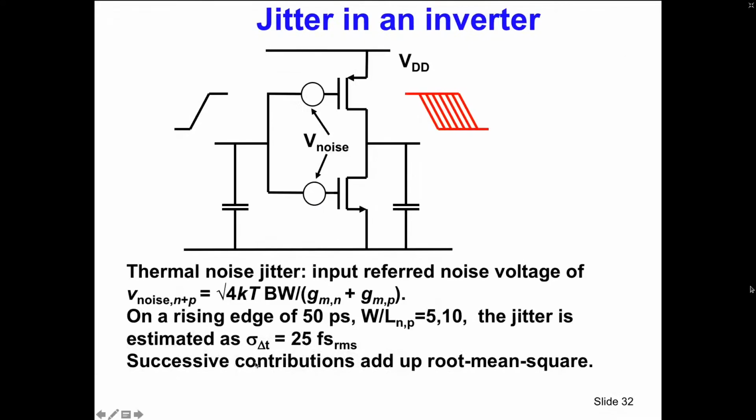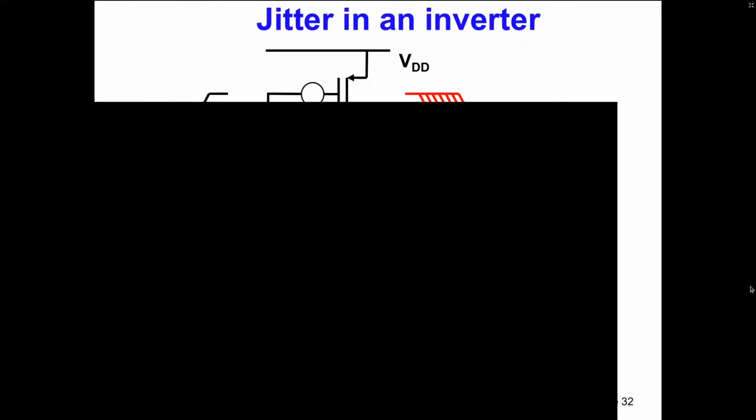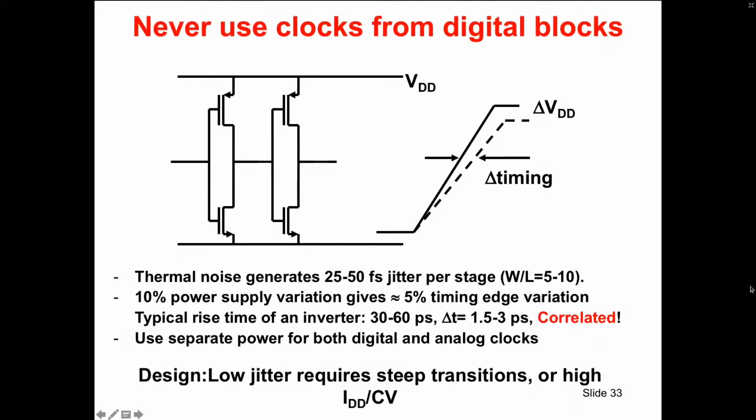If I look at the practical design, this is a simple inverter from a library, and if you do the simulations, you end up with something like 25 femtosecond RMS, and obviously that's not nil, but if you look at another problem, for instance here, if your power supply is moving around, then you directly see you run into much larger values.